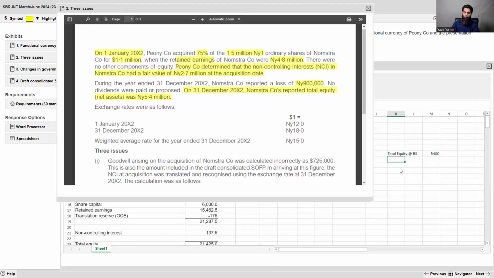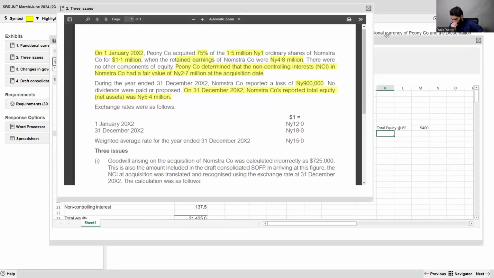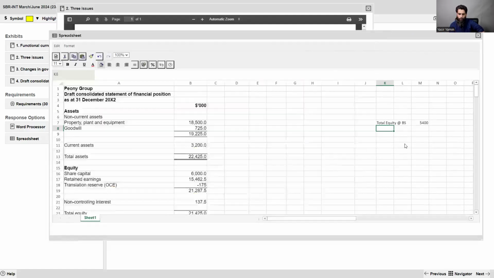Can you tell me what would be the amount of their retained earnings? Do you see, this is total equity. Total equity means share capital plus all reserves. Can you tell me what would be their retained earnings at the balance sheet date? Can anybody tell? It's very easy to answer.